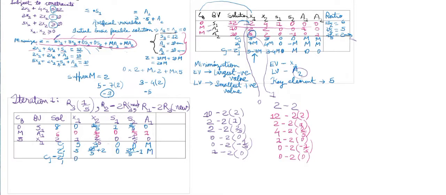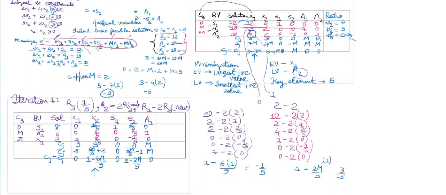And now we'll find cj minus zj. Again we'll have to suppose a value for m. So here suppose I'm taking m as 1. Then I get this as minus 1 by 5. And if I put in this, then I'm getting 3 by 5. So my negative value will be 1 minus 6m by 5.